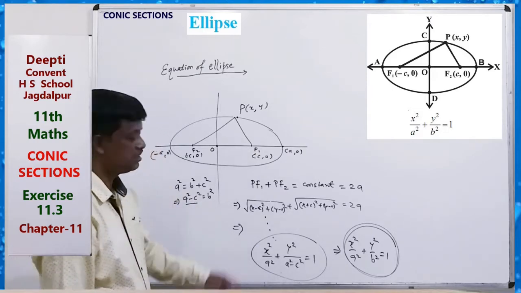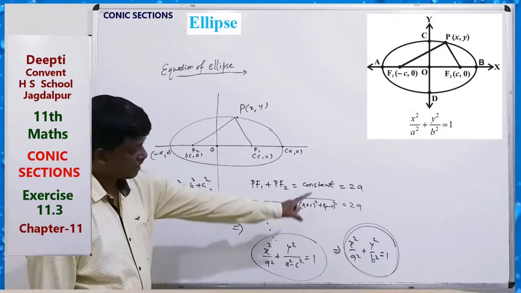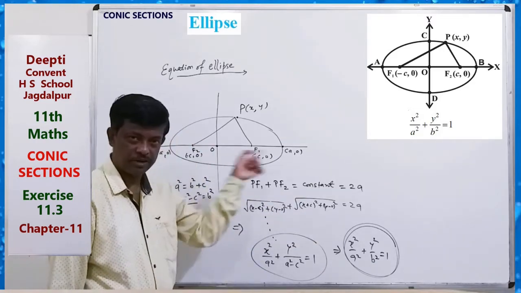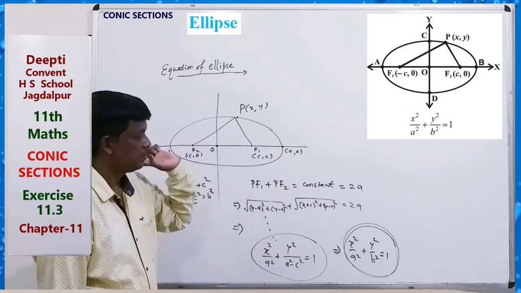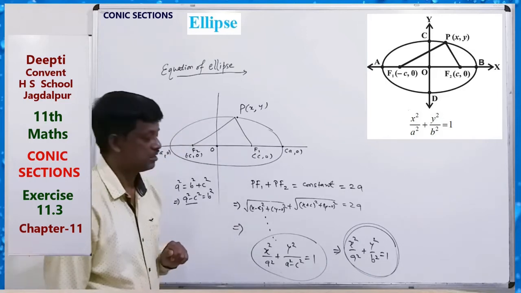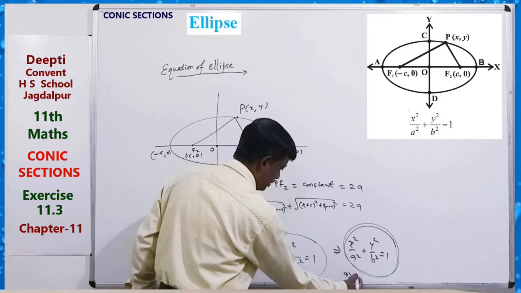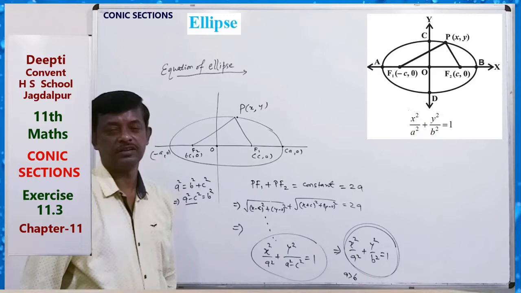For this relation, these are satisfied, we know. Here a is the semi-major axis, horizontal ellipse. b is the semi-minor axis. Here a is greater than b for this horizontal ellipse.